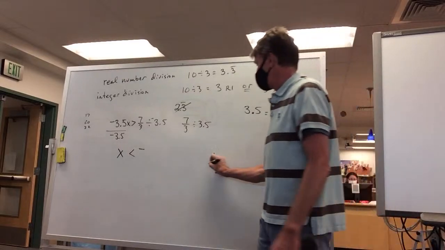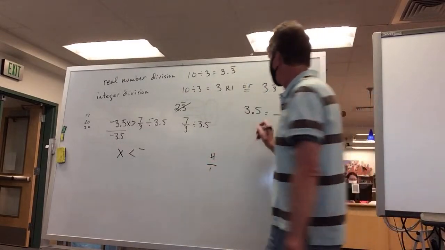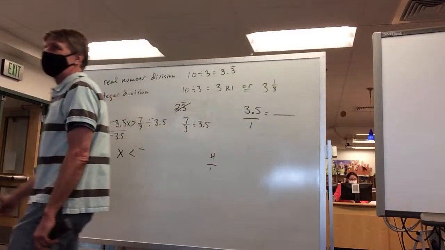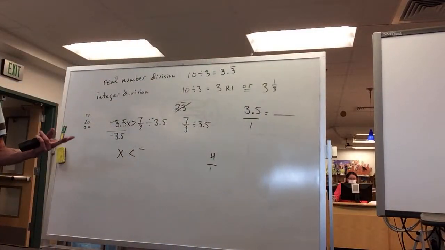Put it over 1. So let's just do that with this. Let's start, and then look at it. It's not a real pretty fraction, is it? Because it has a decimal point. So can you write an equivalent fraction that won't have a decimal point?